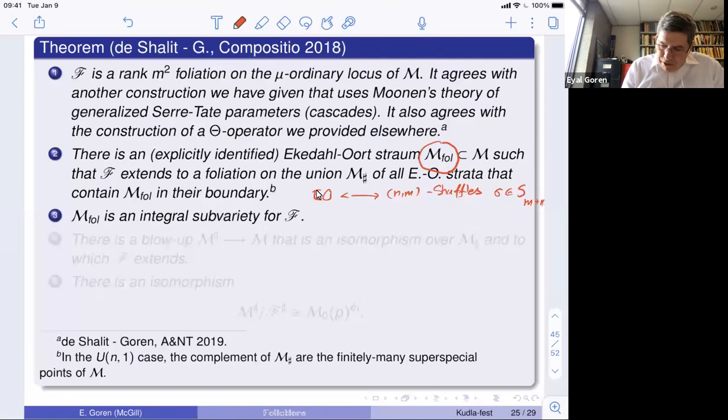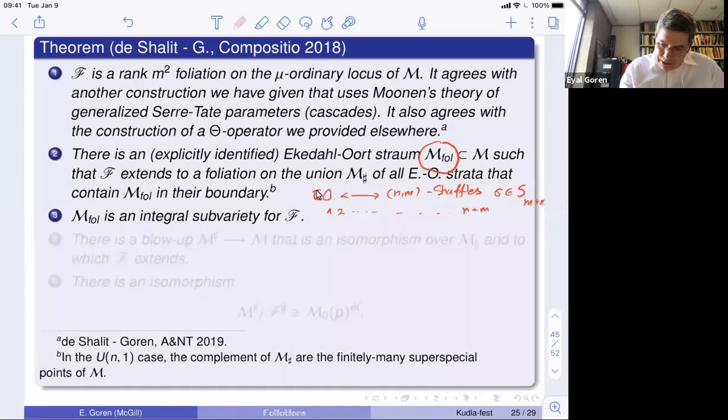A shuffle means that if you write your permutation as 1, 2, up to n plus m, then when you write the image under the permutation, the numbers between 1 and n will appear in order on the bottom row, not necessarily consecutively.